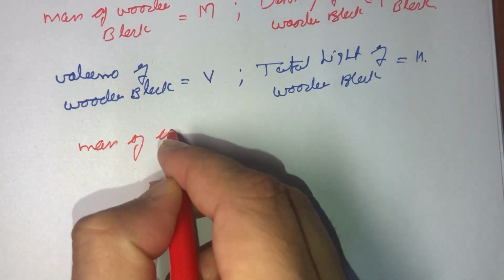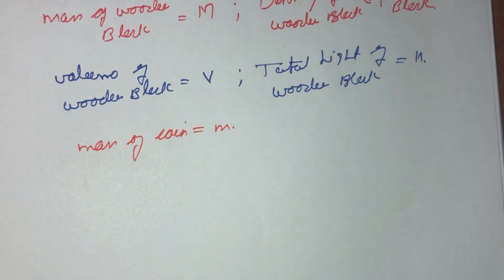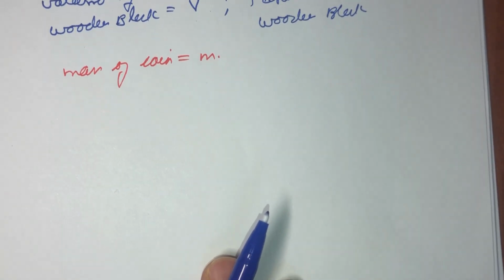So these are the few parameters which are associated with the coin and block system.